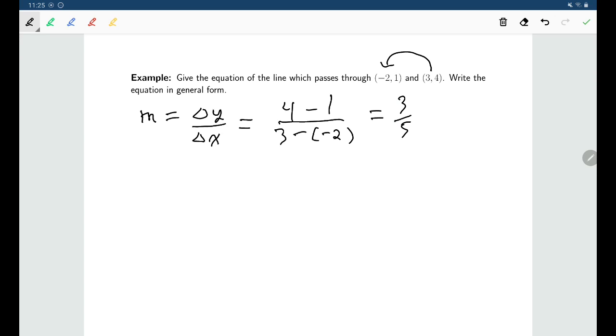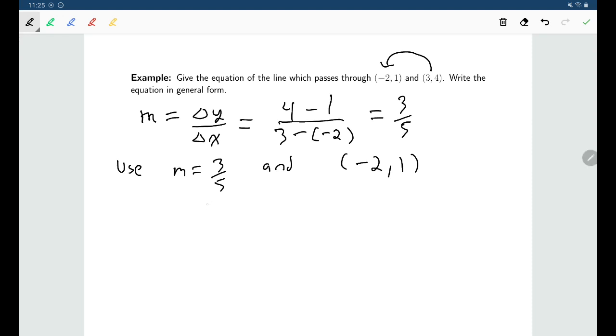And now, using the slope point form of the equation of a line, I'm going to use the slope of 3/5, and I'm going to use the point (-2, 1). It doesn't really matter which of the 2 points you use, and a fun exercise for you to do later is to redo this question using the point (3, 4) instead of (-2, 1), and you should get the exact same equation of our straight line.